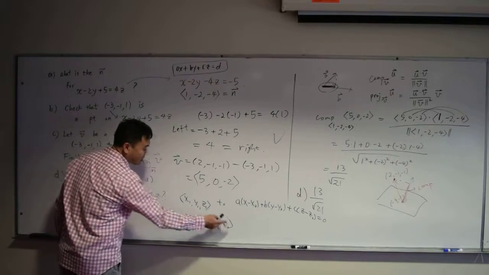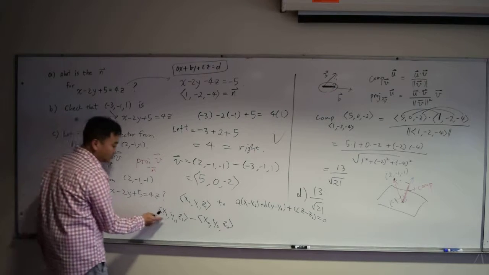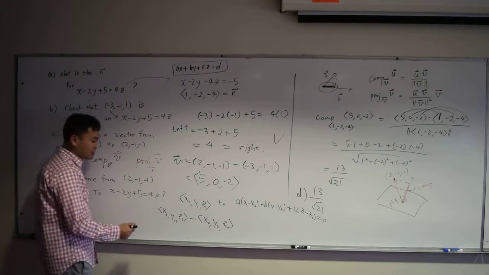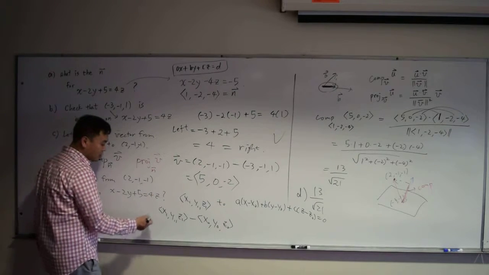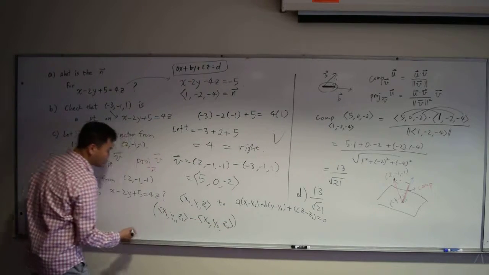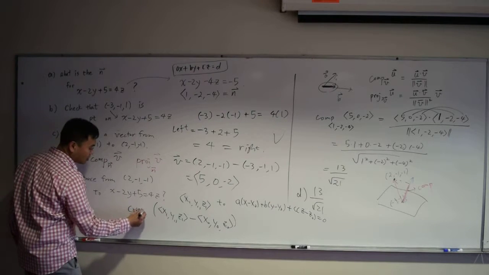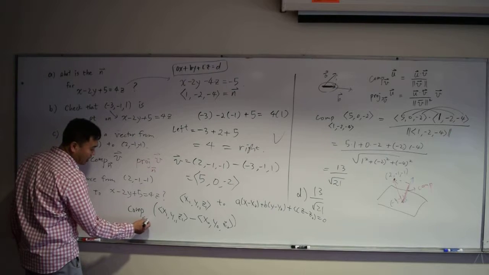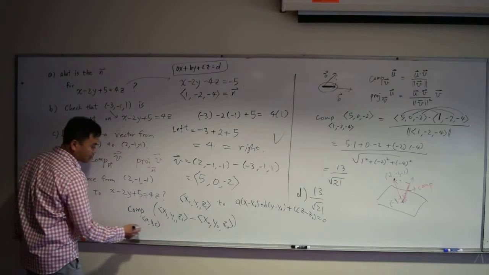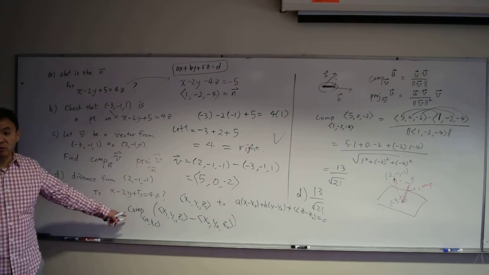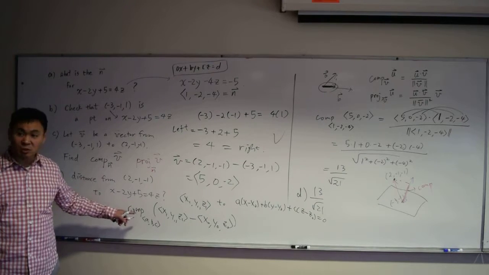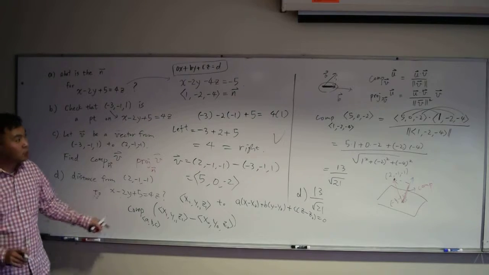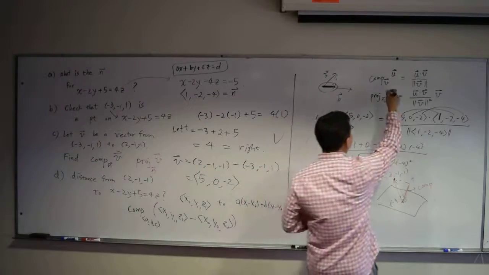See, (x naught, y naught, z naught) is some point on the plane. So taking the difference between the two gives you a vector connecting the 2 points. Okay? And so here's the vector, and you want to know the component of this vector in the direction of the normal vector, which is (a, b, c). So that's the formula for finding the distance between a point and the plane.